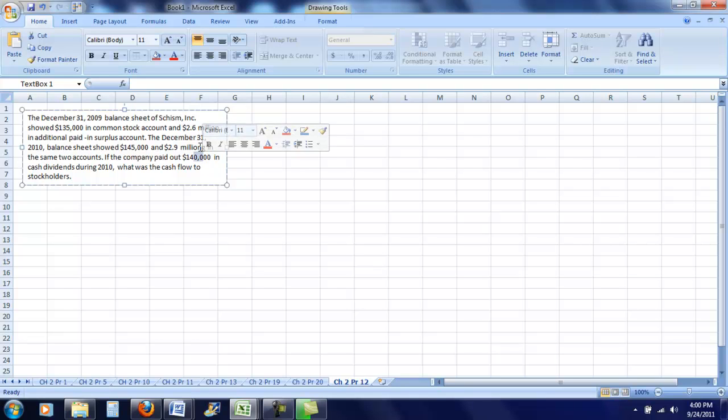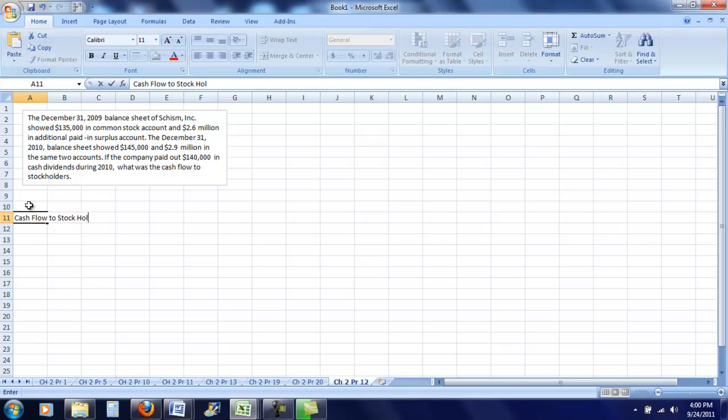The first thing we're going to do is set up the cash flow to stockholders. Cash flow, and our formula is dividends paid minus net new equity.